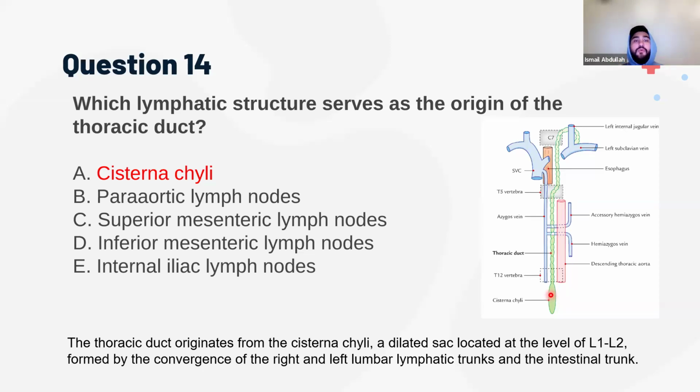It's usually formed when the right and left lumbar lymphatic trunks and the intestinal trunk all merge in to form the cisterna chyli. Then the thoracic duct, as it passes the diaphragm into the thoracic part, is going to be called the thoracic duct, and then it continues.